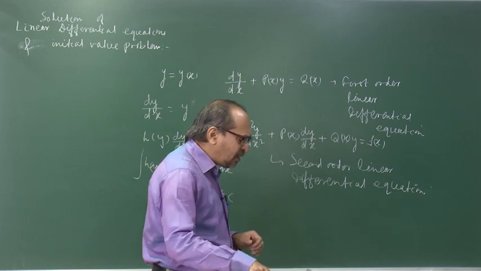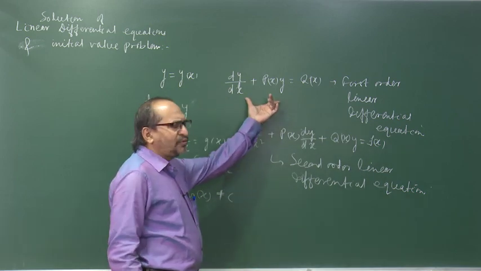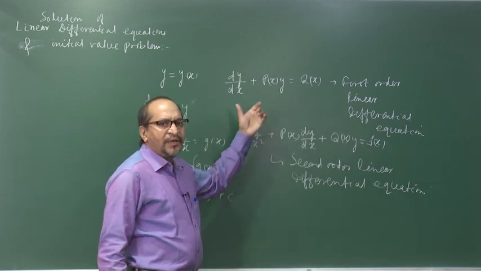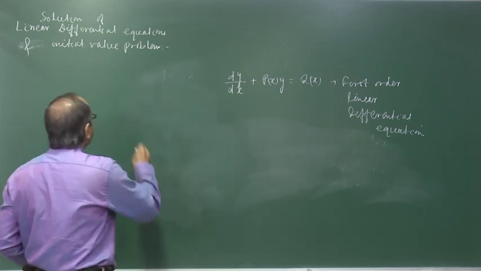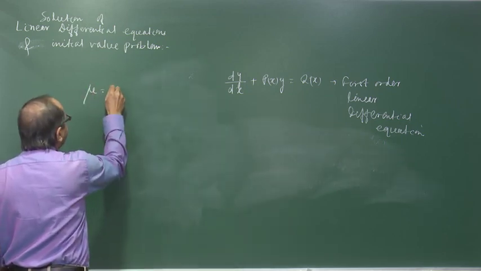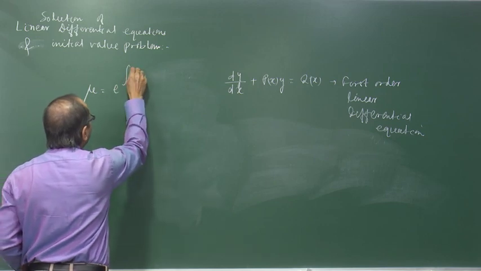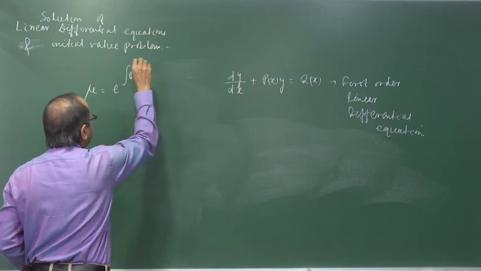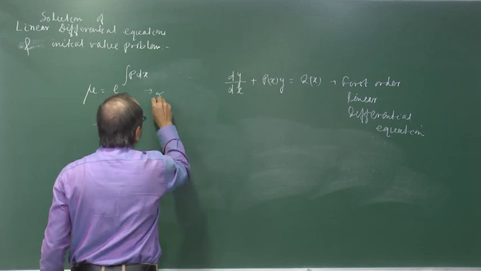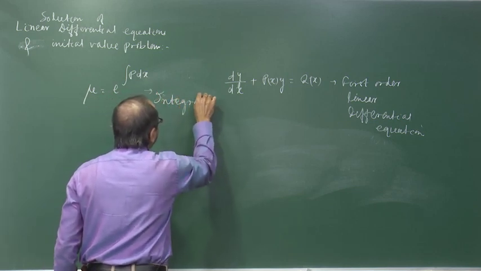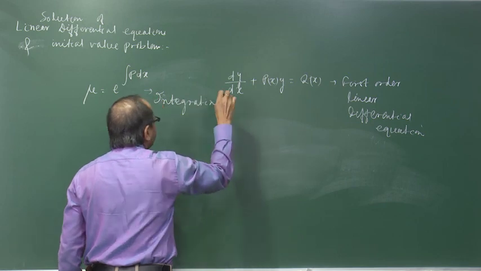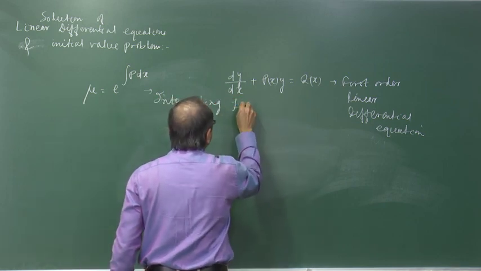When we put the equation in this form, our integrating factor, as I discussed in the last class, is mu is equal to e to the power integration of p dx. This is called the integrating factor.